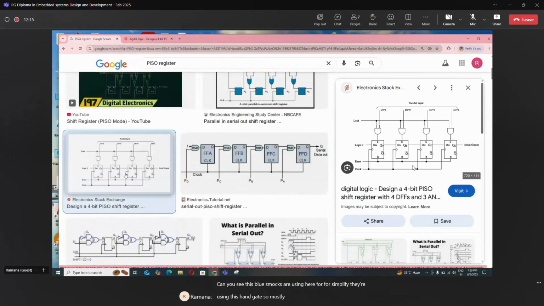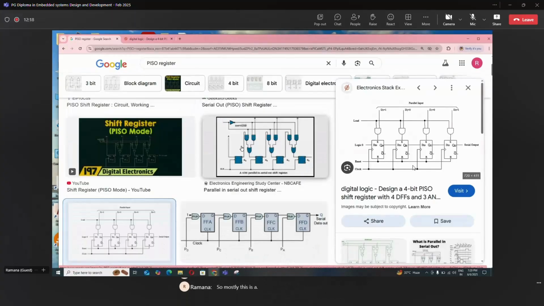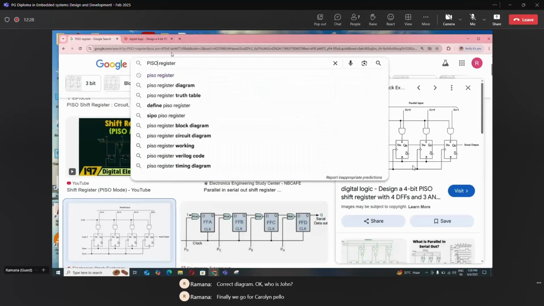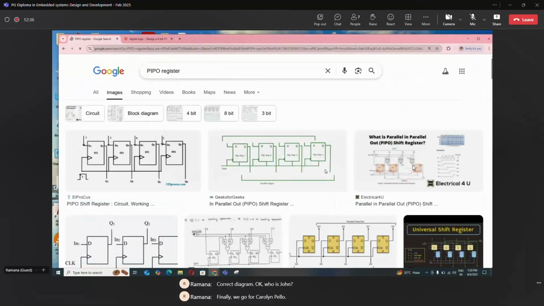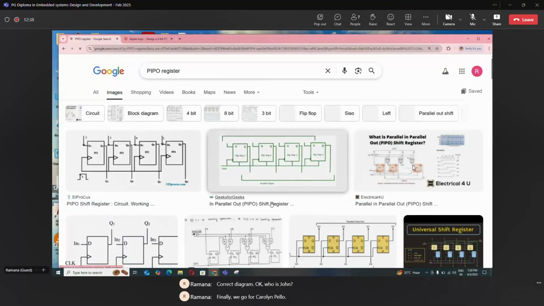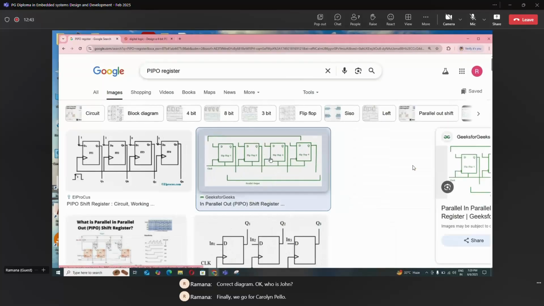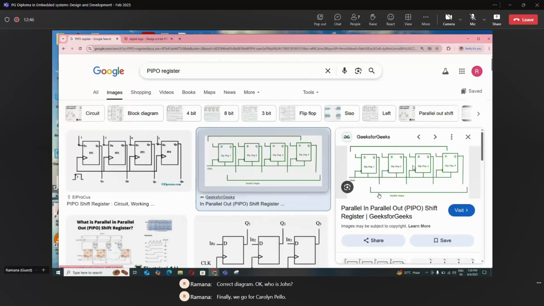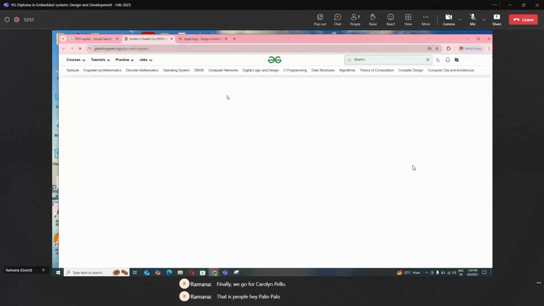So mostly this is the correct diagram, okay. 2:1. Finally, we go for parallel.